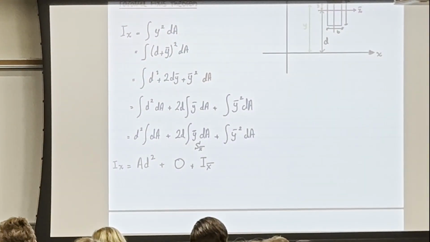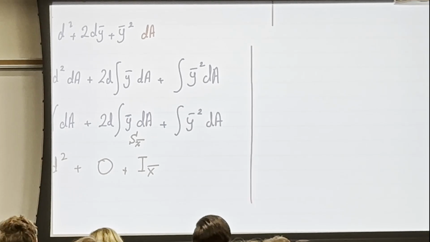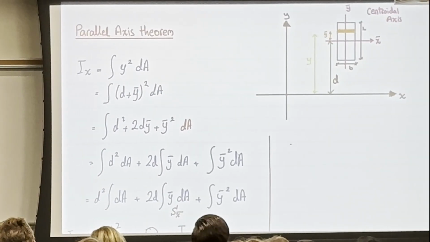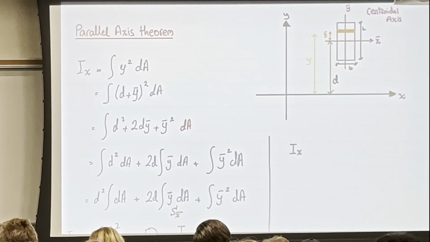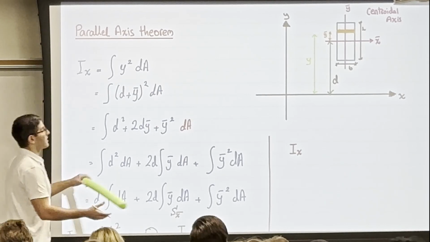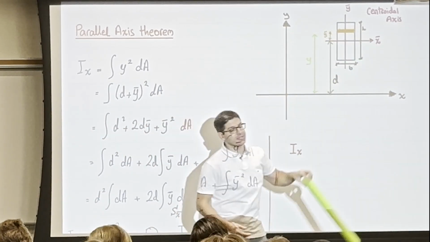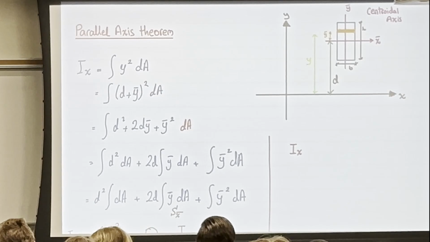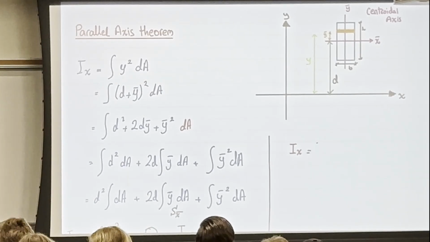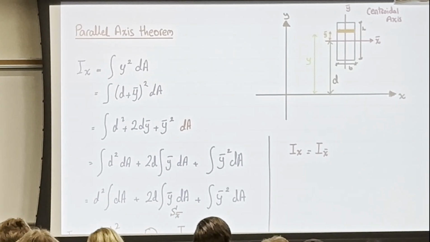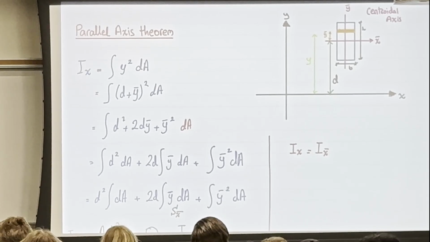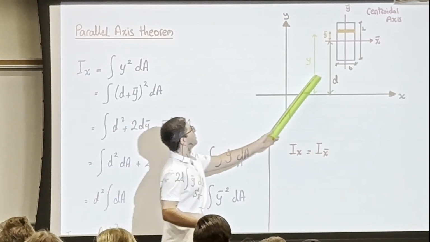So now, if I want to find the moment of inertia about x, which is an axis that doesn't align with the centroidal axis, what I would do is first find the moment of inertia about the centroidal axis, which is b h cubed over 12 here.